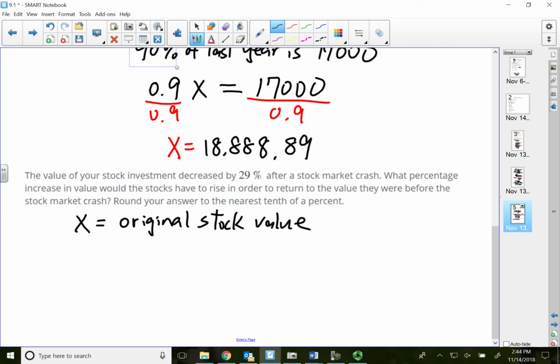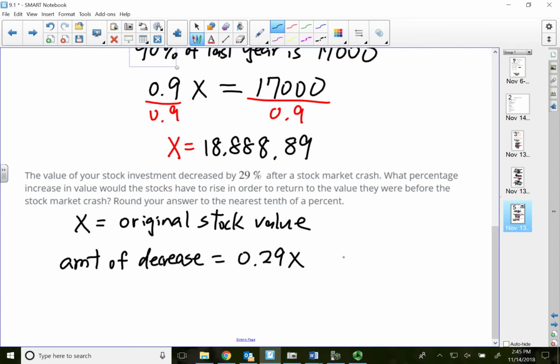If I'm decreasing by 29%, my amount of decrease is 0.29 times X, where X is the original stock value.